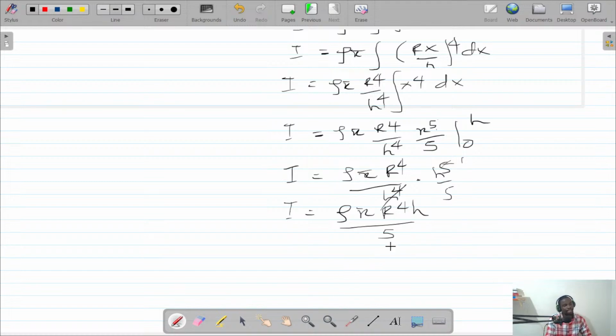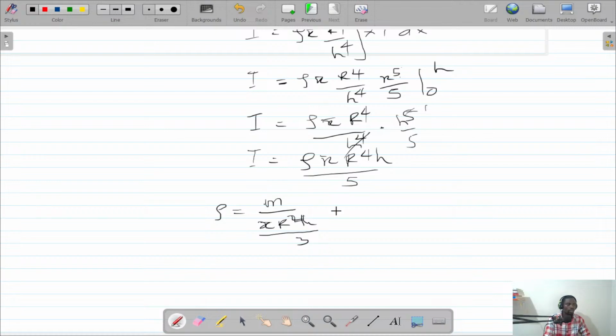But we know that rho is equal to m over pi r squared h all on 3.